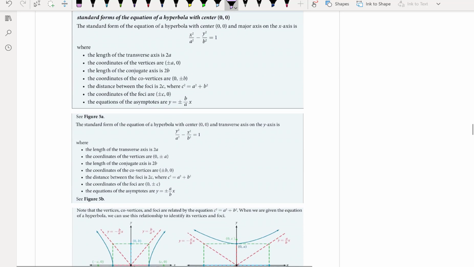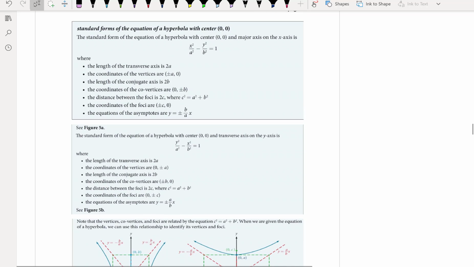And here, we have two different types of hyperbolas. They're both centered at 0, okay? For the first one, we have x squared over a squared minus y squared over b squared. Versus in the one below, we have y squared over a squared minus x squared over b squared.